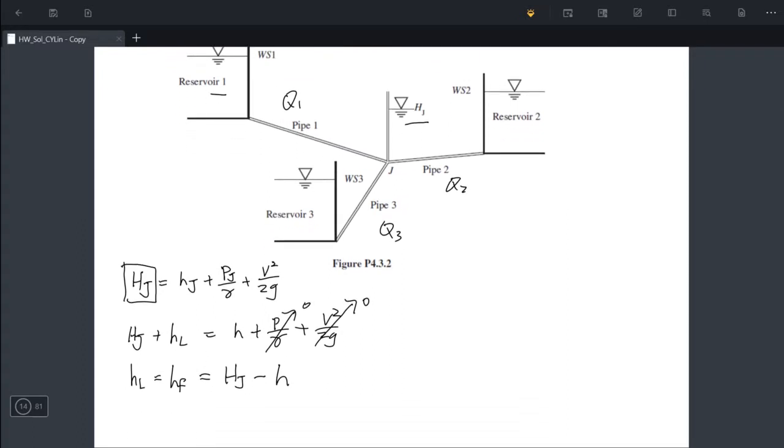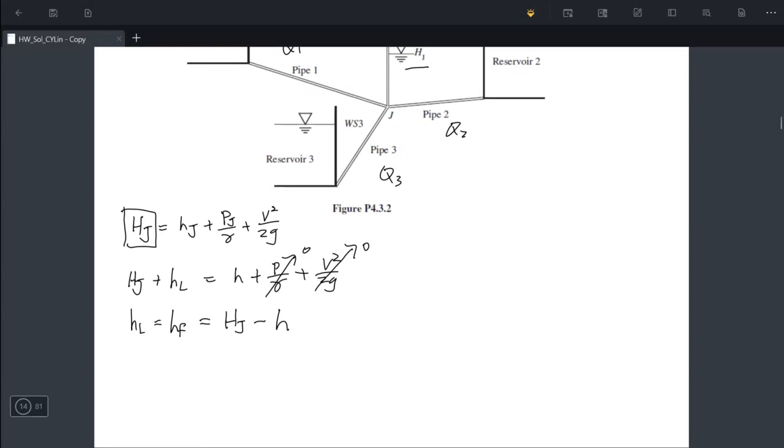Okay, now we have this relationship. How does it link to the velocity inside the pipe? Because we know this is the friction head loss, we can further expand it to the head loss equation, equal to the factor F times length L divided by the diameter D times the velocity term.